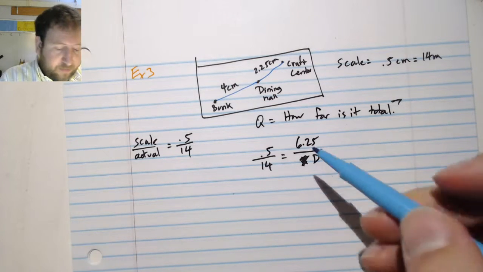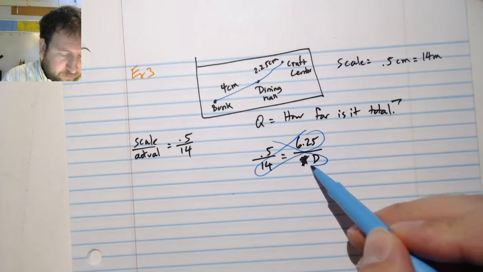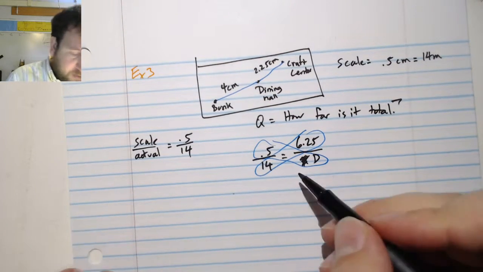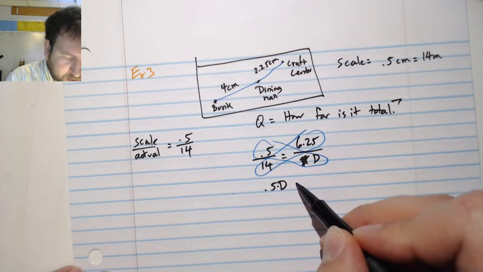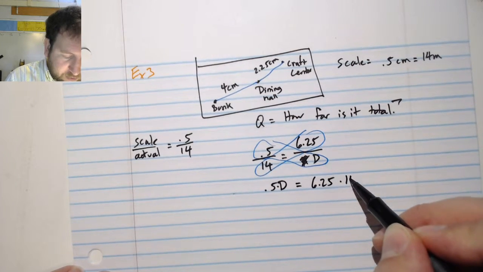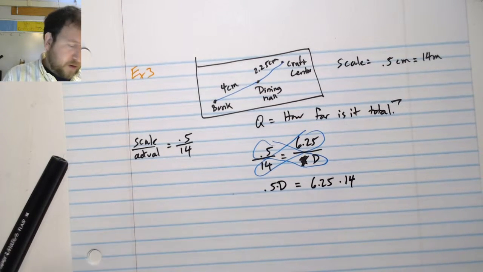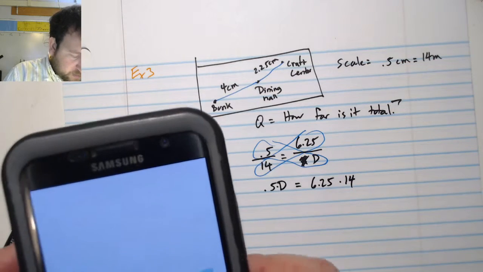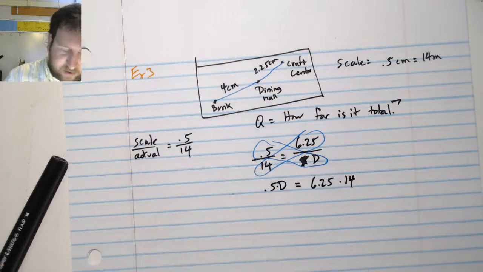Now that I've set it up, it's easy. All I have to do is cross multiply, rewrite, and solve. So I have 0.5D equals 6.25 times 14. I'm going to simplify this first using my calculator. 6.25 times 14 is 87.5.